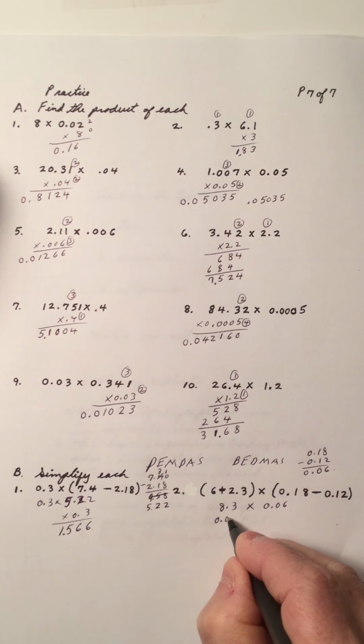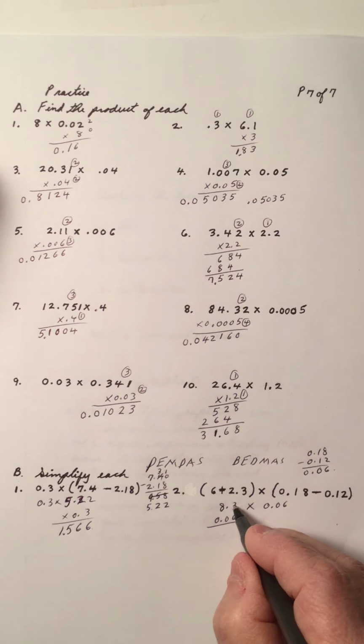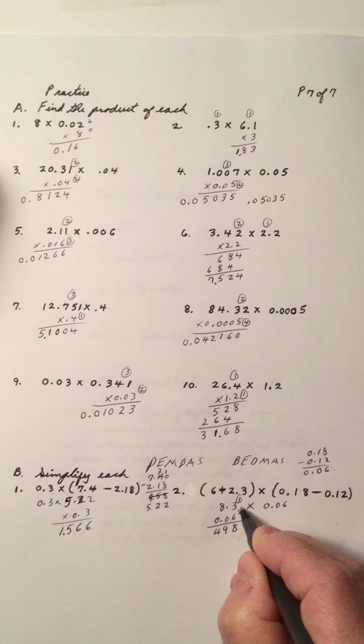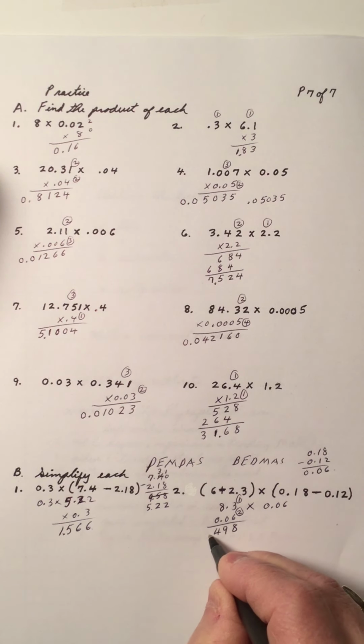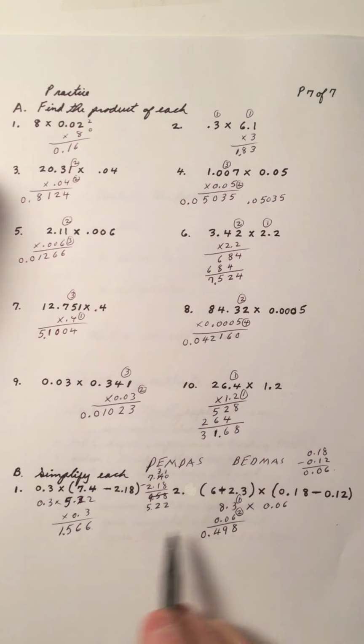So 0.06 multiplied. I get 3 6s are 18, carry your 1. 6 8s are 48, and 1 is 49. And I have 1 decimal place there, 2 decimal places there, 3 altogether, so 1, 2, 3. So decimal 498. Notice the order of operation, PEMDAS.